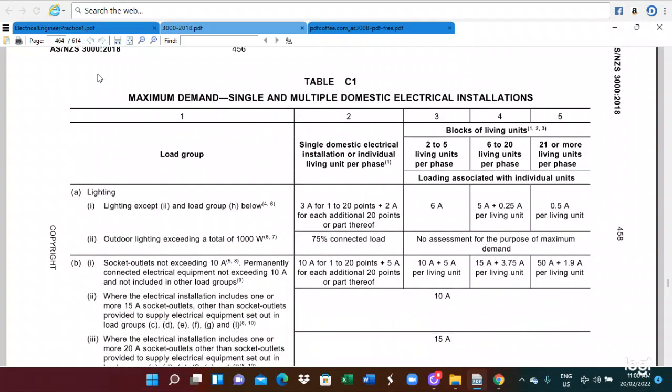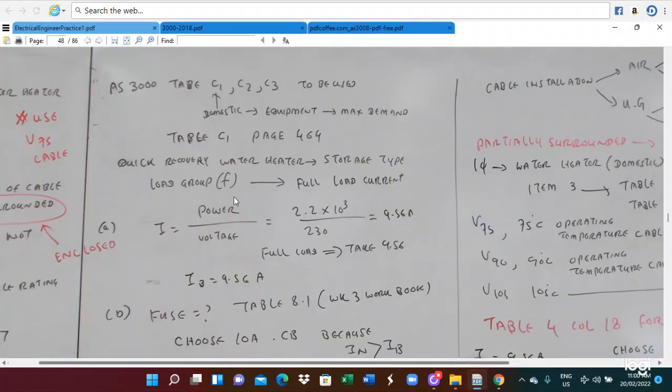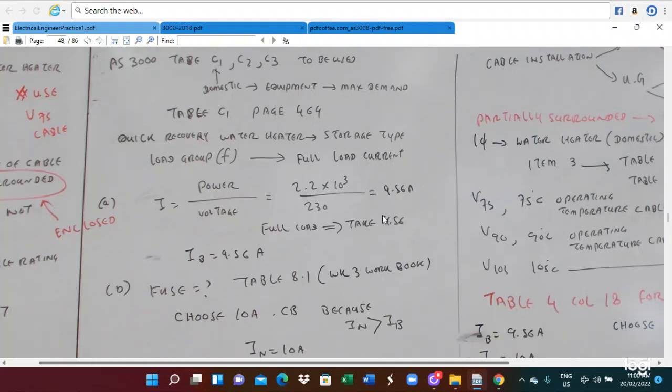Okay, this is a load group current calculation. In this case, the power is given as 2.2 kilowatt, supply voltage 230 volt. So from here we calculate the current as 9.65 ampere. We have to take the full load current.